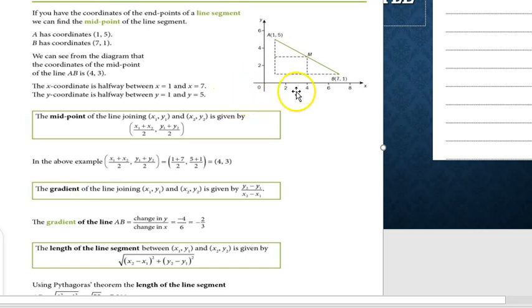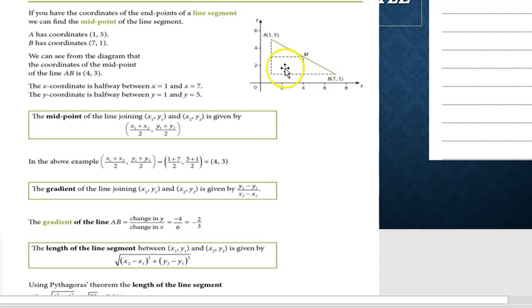You can see that, right? So if you have the coordinates of the end points of a line segment, we can find the midpoint of the line.